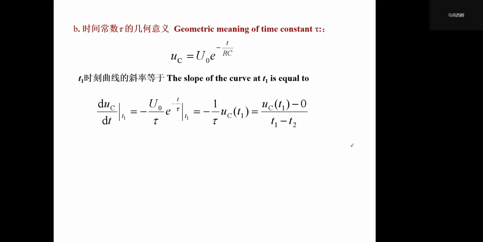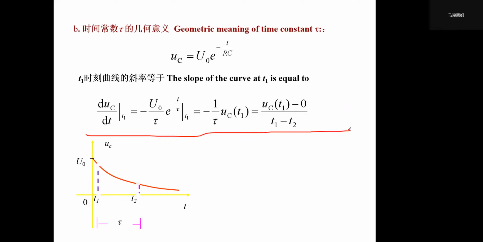Let's see the geometric meaning of the time constant tau. We know that the slope of the curve at T1 is equal to this formula. So for T1 we have this value, and for T2 we have this value.